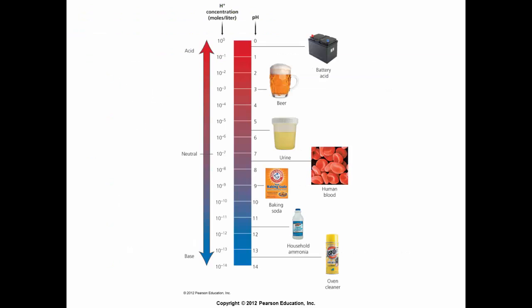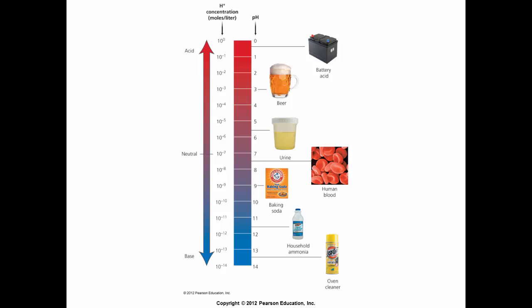So this shows the pH scale where acidity would be from, say, 0.0 to 6.9. Neutral being considered 7.0. You notice human blood runs around 7.45. Basic or alkaline runs from roughly 7.0 to 14.